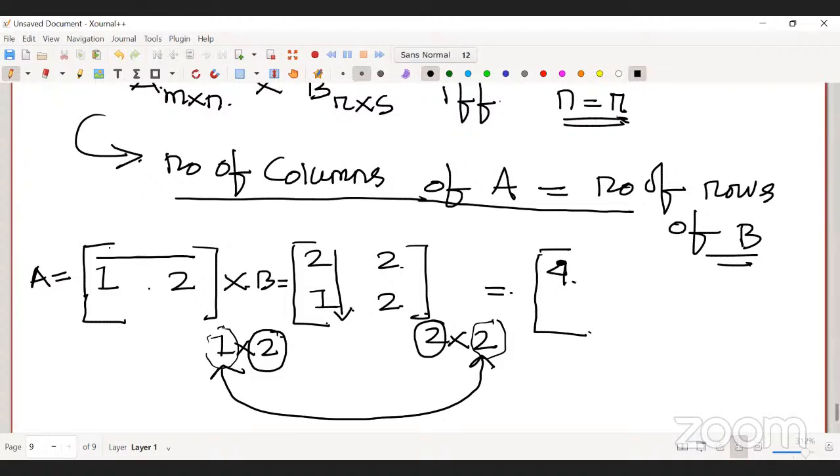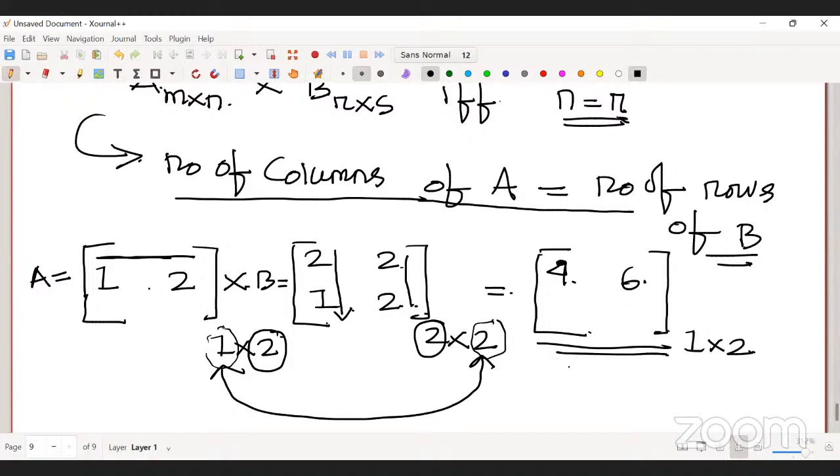Correct. As I said, this is a 1 cross 2 matrix, so I should get one more entry, which is 6. So I multiply this row with this column, then I'll get 6. So this is the product matrix.